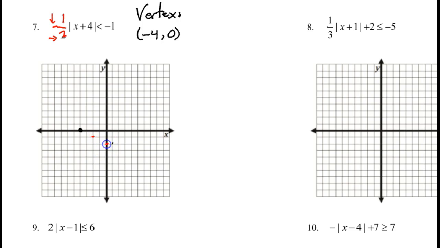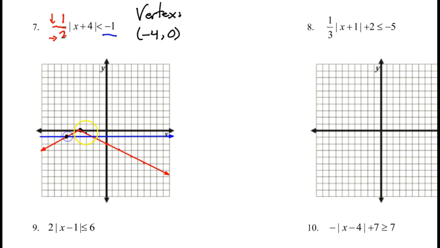So this way, and this way. Okay. Our answer line is going to be negative 1. It'll be right about here. Crooked, try it again. There we go.